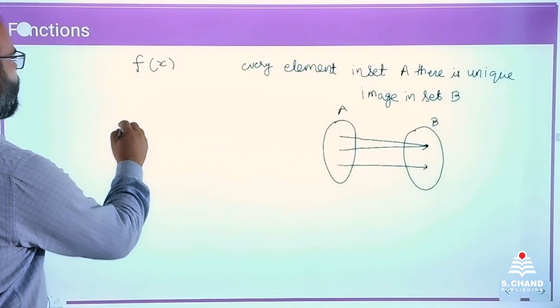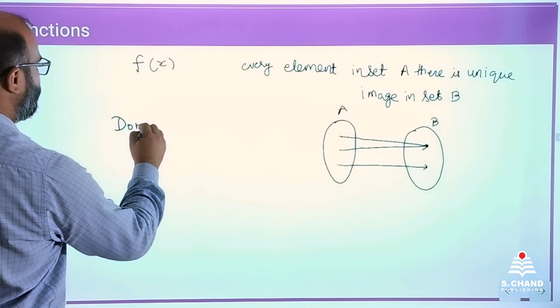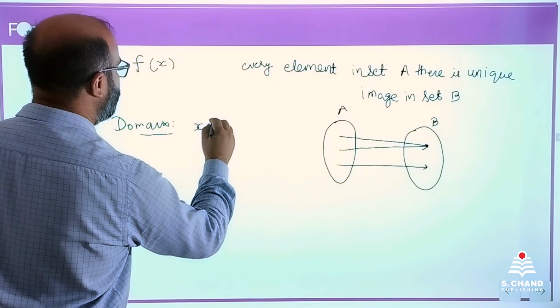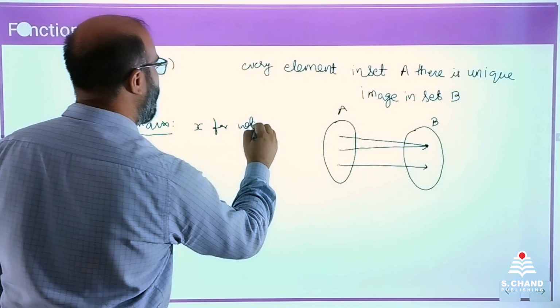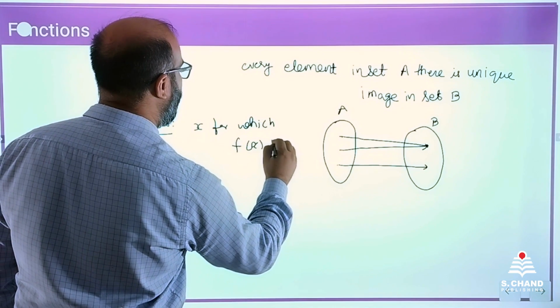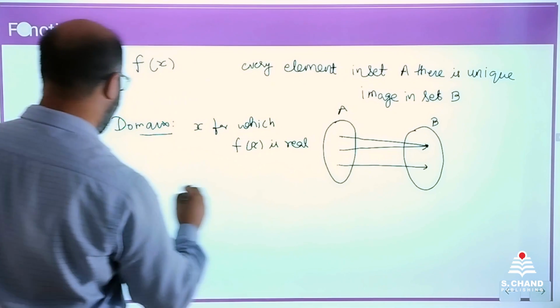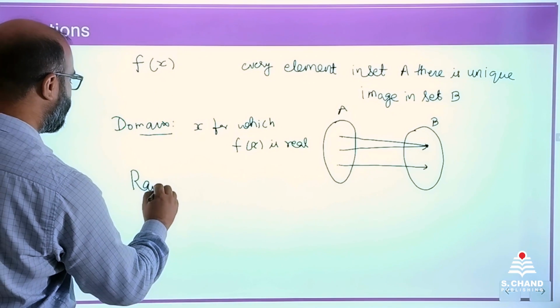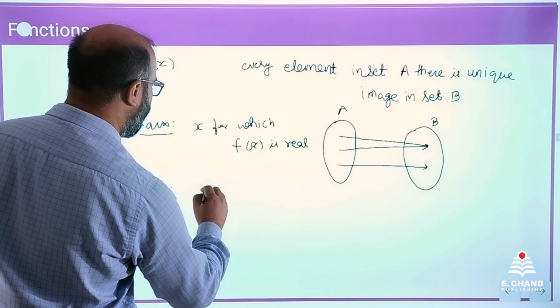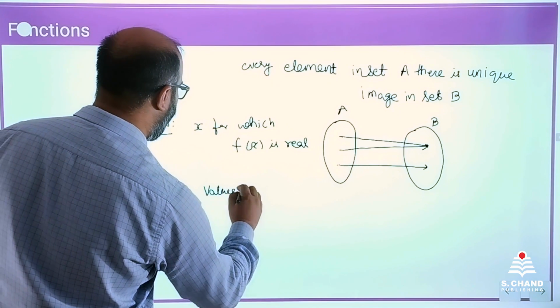Now there is a domain of a function. What is a domain of a function? Domain of a function is those values of x for which f(x) is real, as we are talking about real valued function. And what is the range? Range is the output, that is the values of f(x).